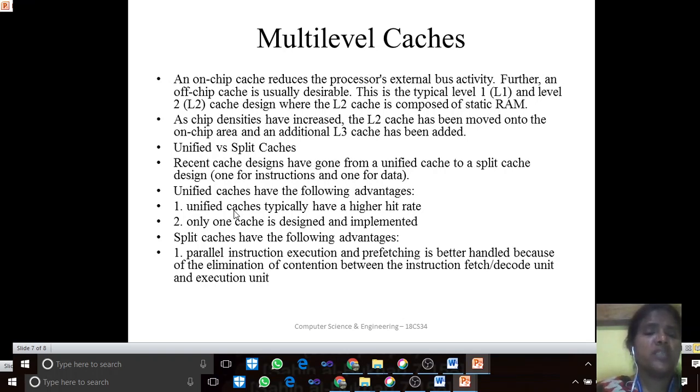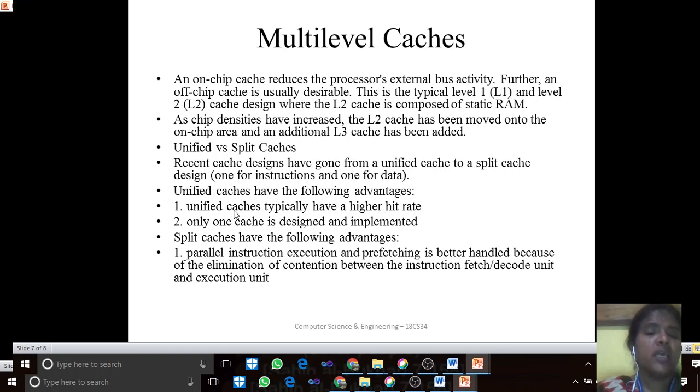As chip densities have increased, the level 2 cache has been moved onto the chip area and an additional L3 cache has been added. So it depends on the density and the latest IC technologies. With the advent of these technologies, both level 1 and level 2 caches are on the processor chip. Level 3 cache is outside the processor chip.